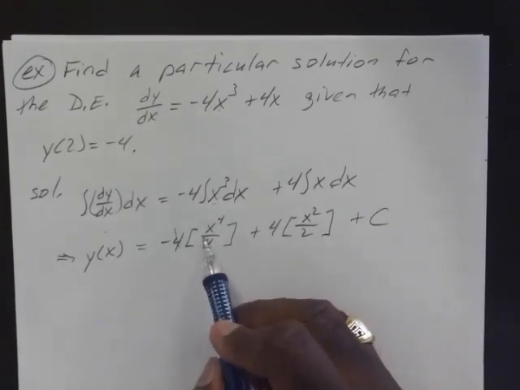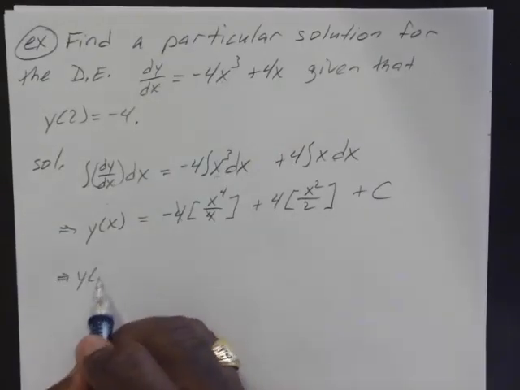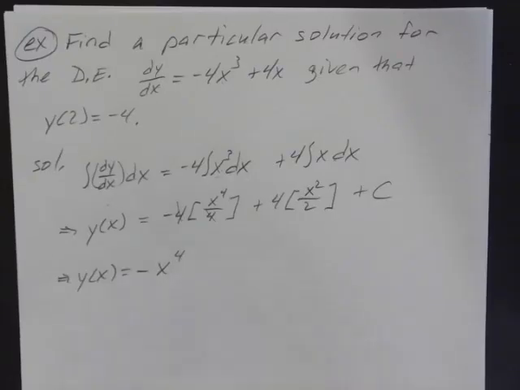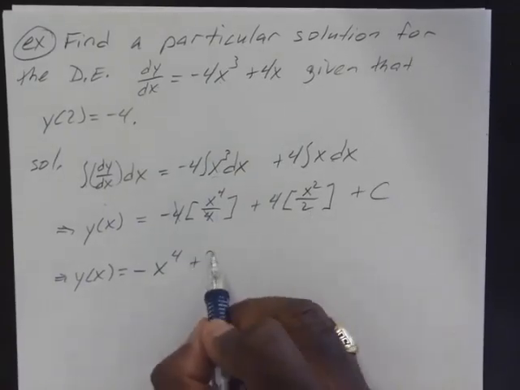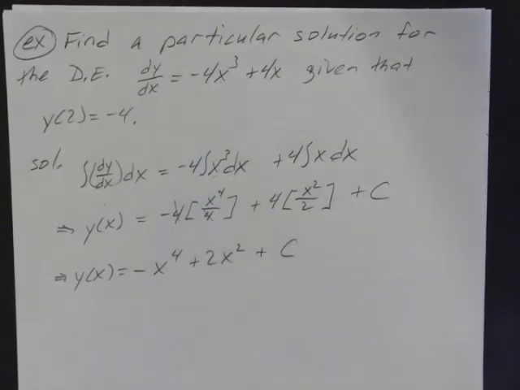Okay, so you can see here the 4's cancel each other out. So we know that y of x is equal to negative x to the 4th power plus 4 divided by 2 is 2, so that's plus 2x squared plus c.